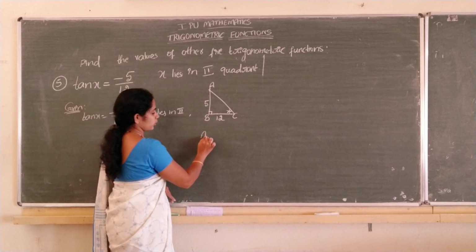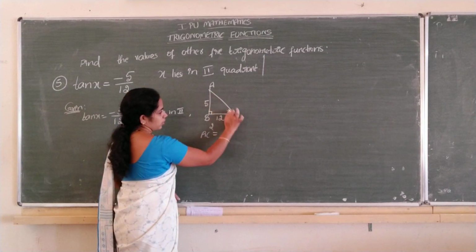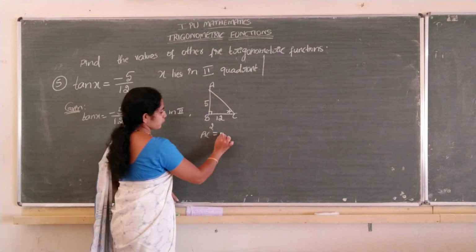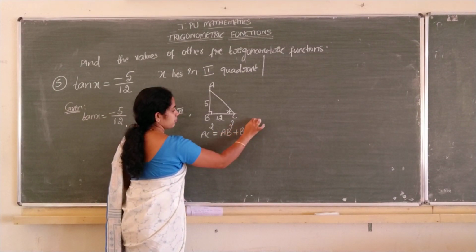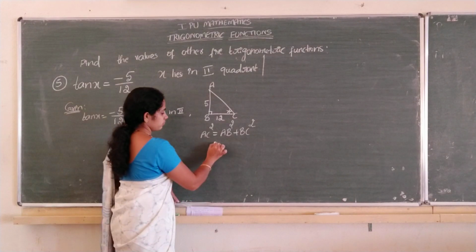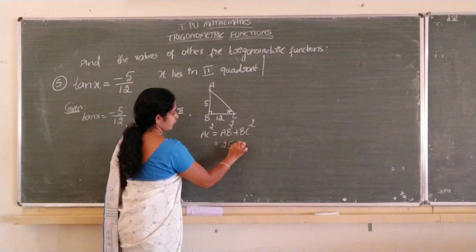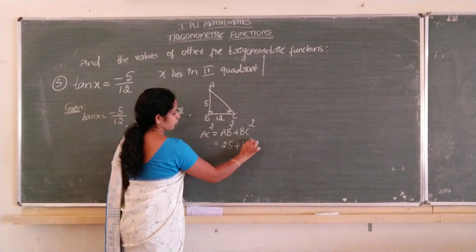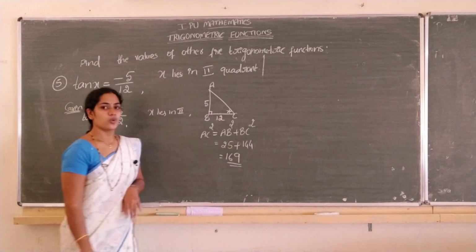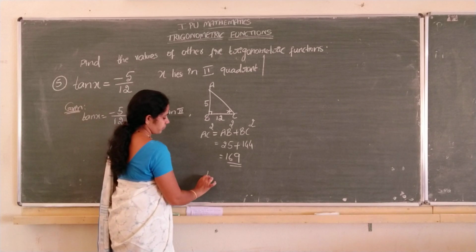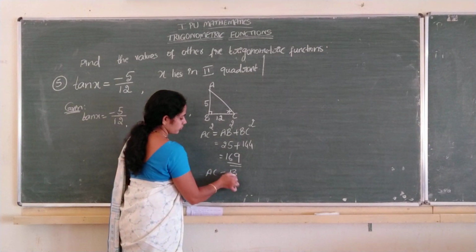We need to find out AC. AC square is equal to, by the Pythagoras theorem, AB square plus BC square. 5 square is 25, 12 square is 144. So the value is 169. What is AC now?